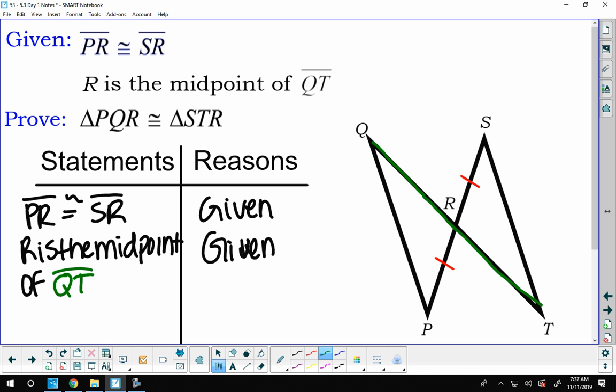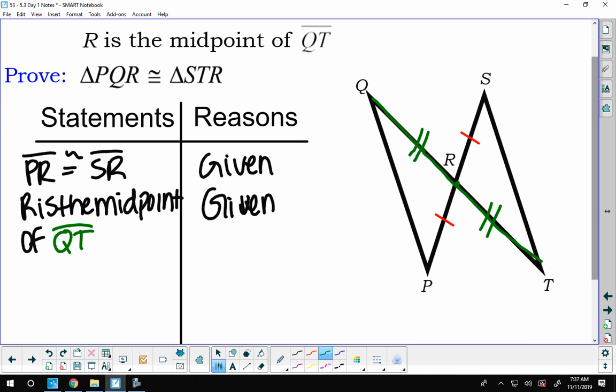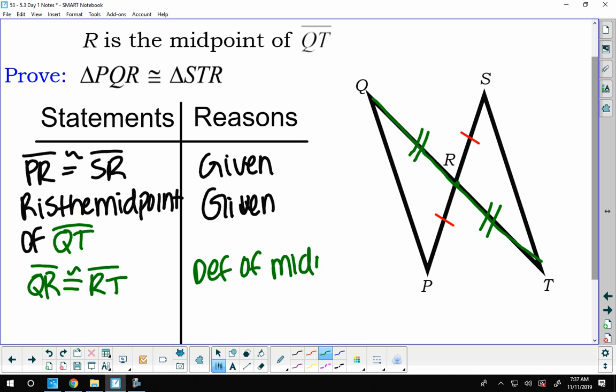So this first half, QR, is congruent to the second half, RT. And that is by definition of midpoint. That's how we know that one half of that segment is congruent to the other half. So segment QR is congruent to segment RT, and we knew that by definition of midpoint.